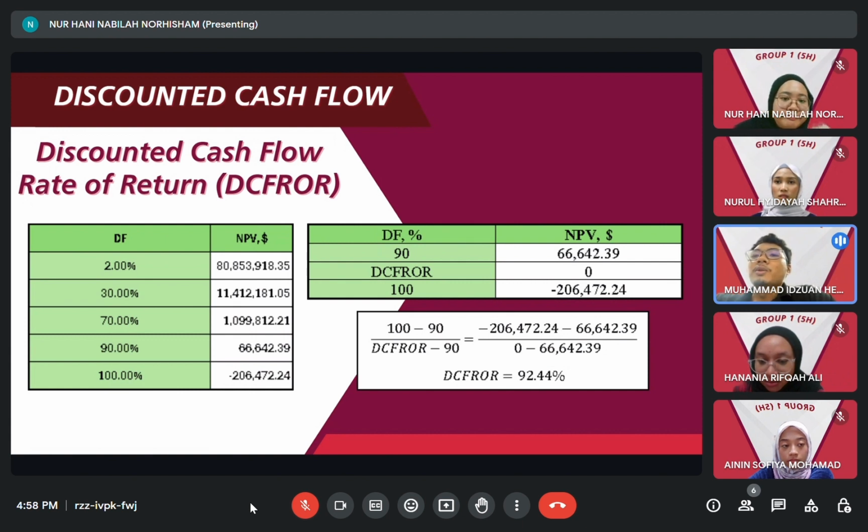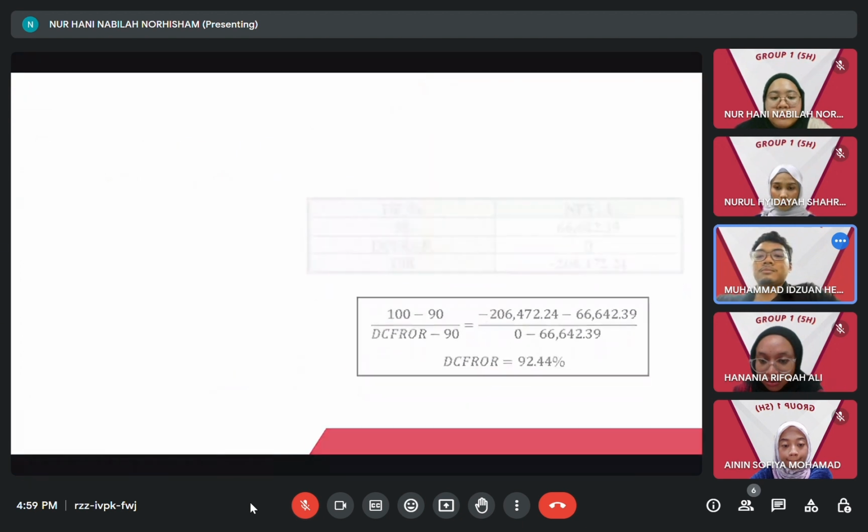So we use the trial and error method, which the NPV equal to 0 is in between the discount factor of 90% to 100%. So then we use the interpolation method to calculate the DCFRR, which we obtain is 92.44%.